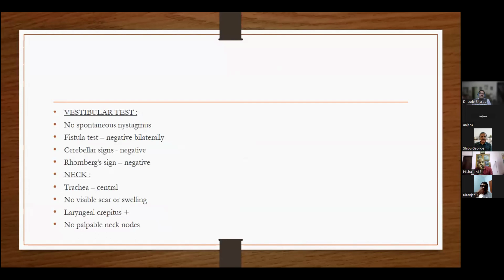Before the provisional diagnosis, why don't you sum up the case? Just the examination findings or the total history, sir? Total.